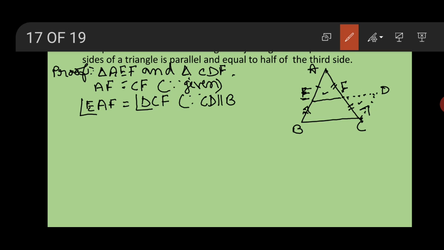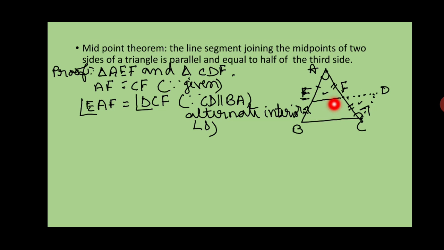Reason: because CD is parallel to BA, alternate interior angles. Now mark that angle. These two angles are equal.